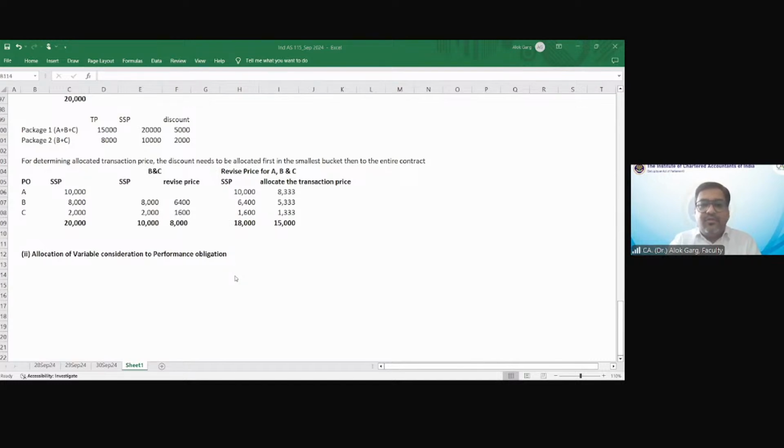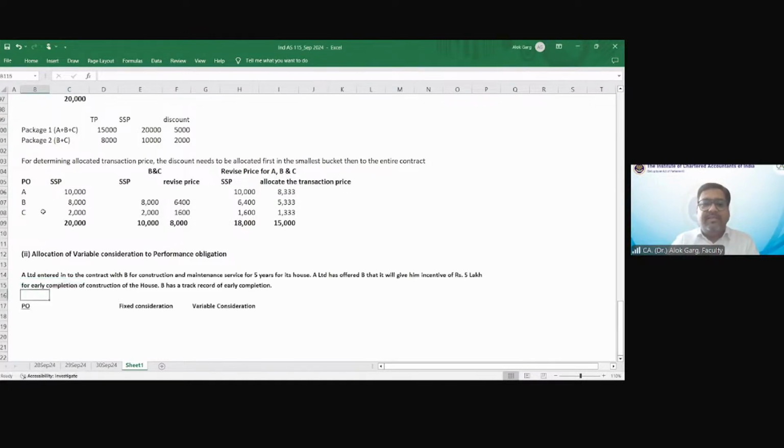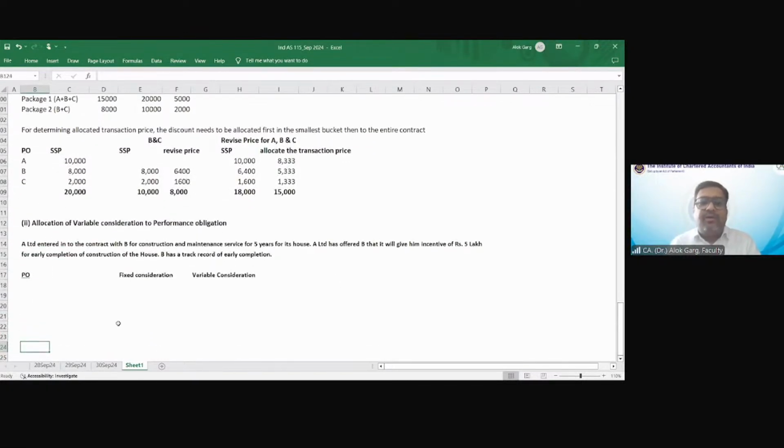Now, whatever I've told, let me put the notes for you. A Limited entered into a contract with B for construction and maintenance services for 5 years for its house. A Limited has offered that it will give an incentive of rupees 5 lakh for early completion of construction of the house. B has a track record of early completion, right? So how many performance obligations are there in this question?